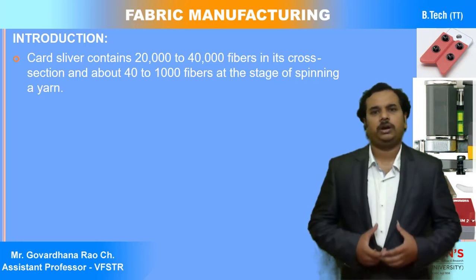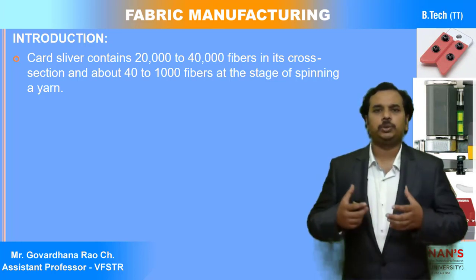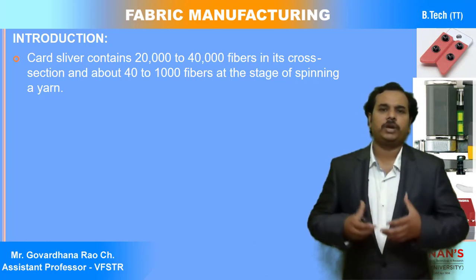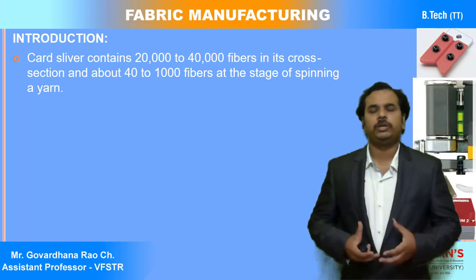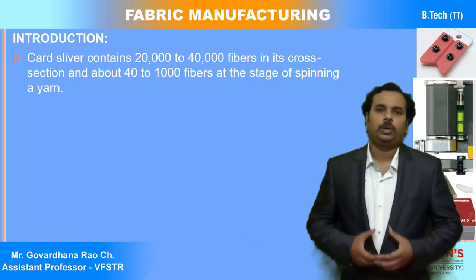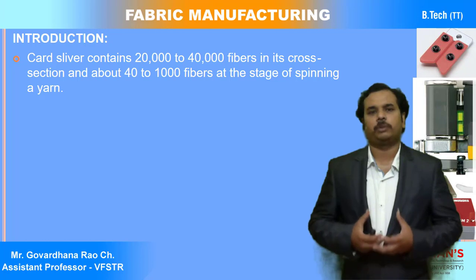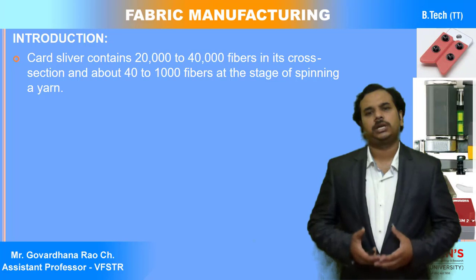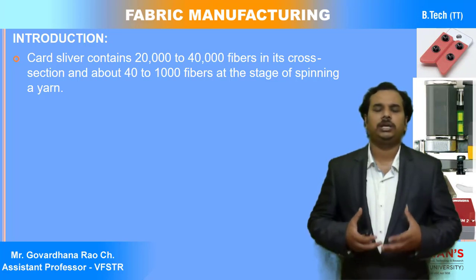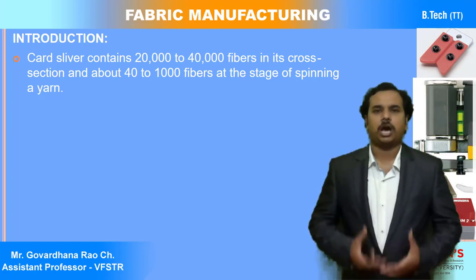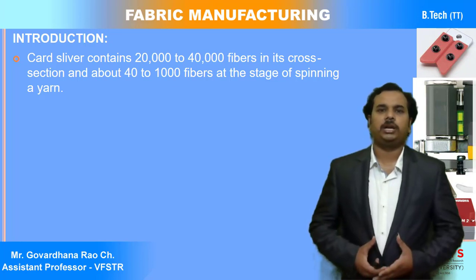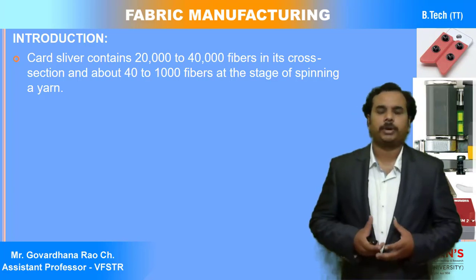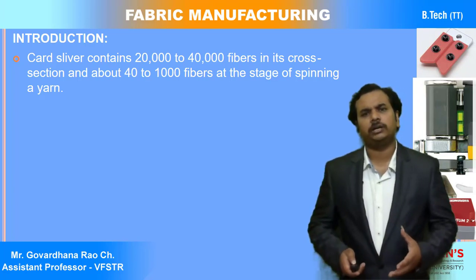From this sliver we convert into a roving, and after that we convert this roving into a single yarn. If you observe the single yarn cross section, approximately 42,000 fibers are present in the yarn at the stage of spinning.